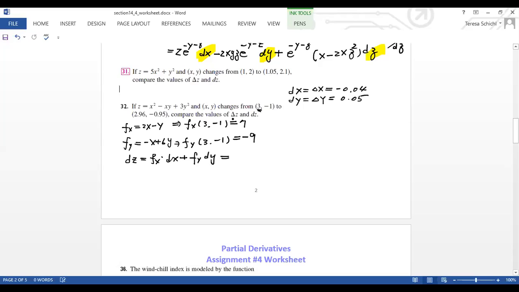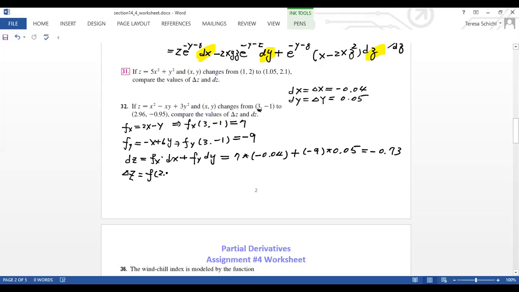So dz will be 7 times negative 0.04 plus negative 9 times 0.05. So it will give me negative 0.73 here.